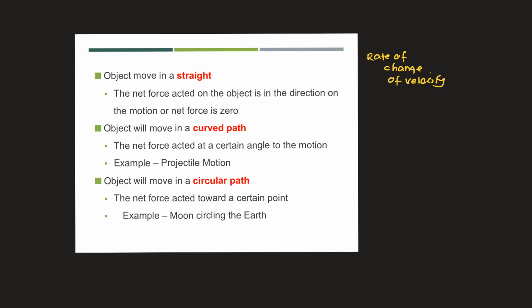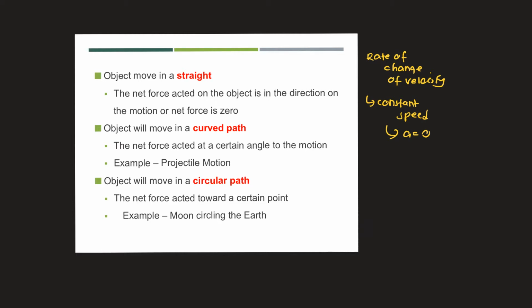So when you have a constant speed or constant velocity, we know that the acceleration is going to be 0. But there's a condition where even though you have a constant speed, you still have an acceleration. How come? It is because of change of direction.